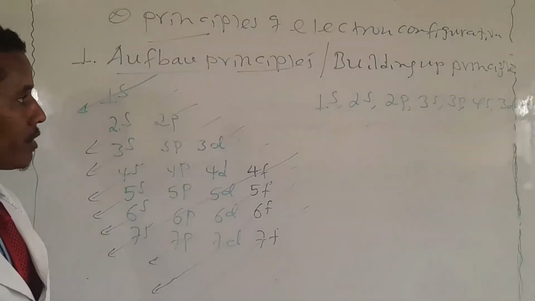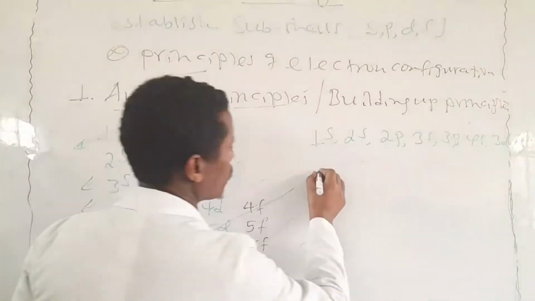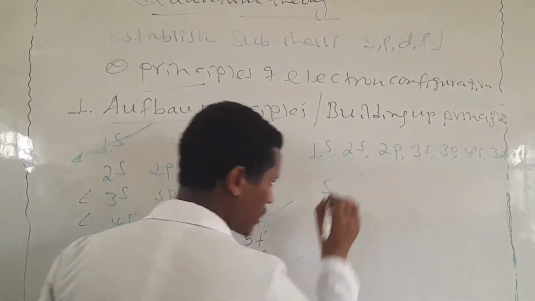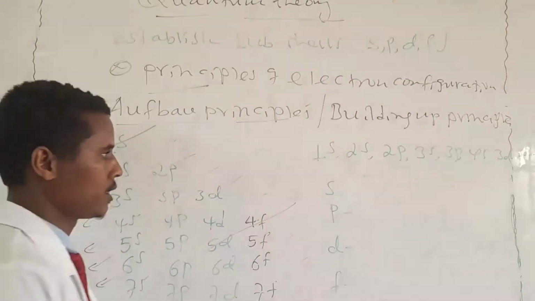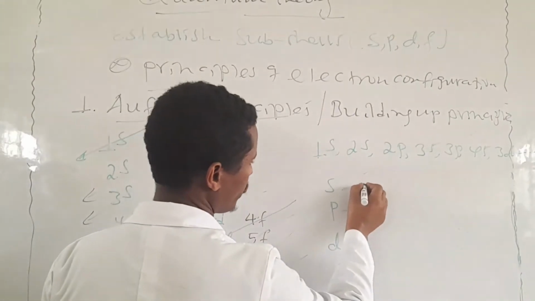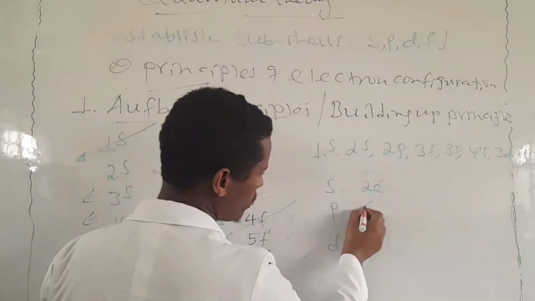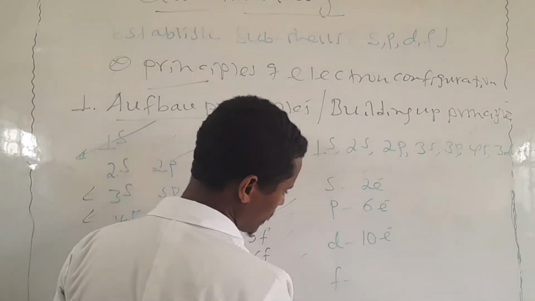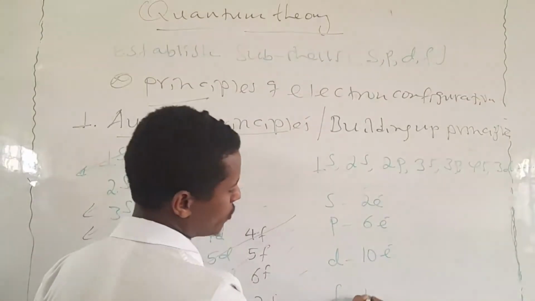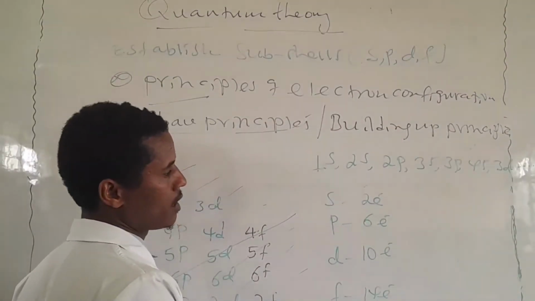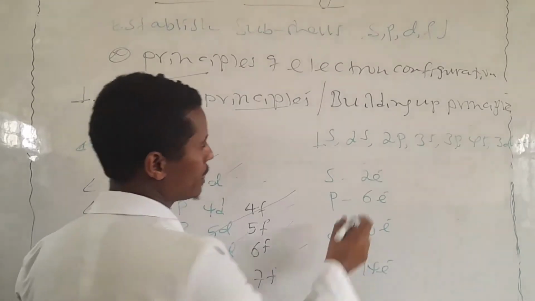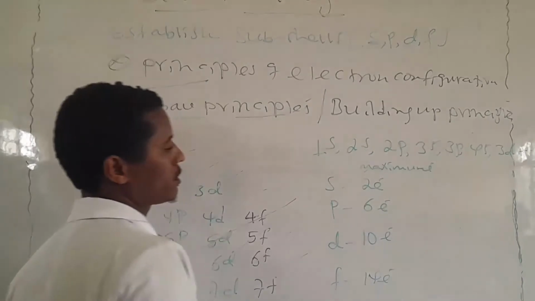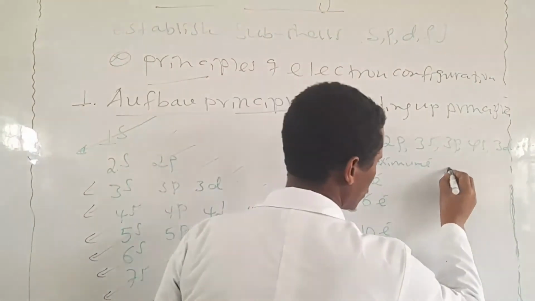The same as the main energy levels, the s orbital, p orbital, d orbital, and f orbital hold a maximum number of electrons. The s orbital holds a maximum of 2 electrons, p holds a maximum of 6 electrons, d holds a maximum of 10 electrons, and f holds a maximum of 14 electrons. There will be a number of orbitals also.